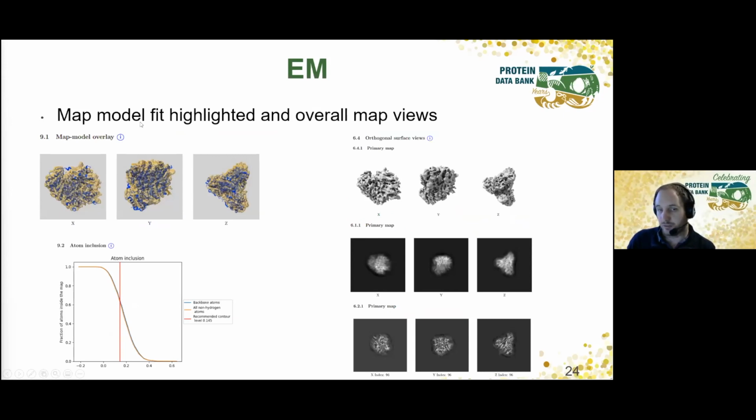We also present several images within the report to show a map-model overlay, shown here, a plot showing the atom inclusion based on the recommended contour level, which is part of the entry, and then a series of images of the EM volume so that experts can judge whether or not there are issues with this representation.